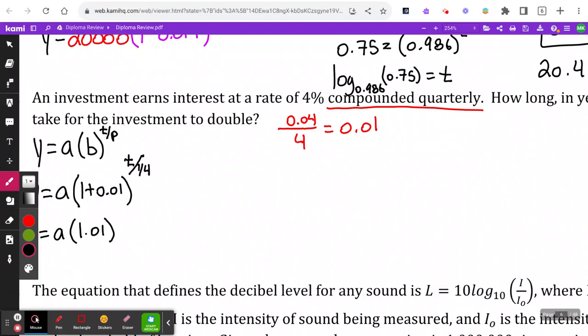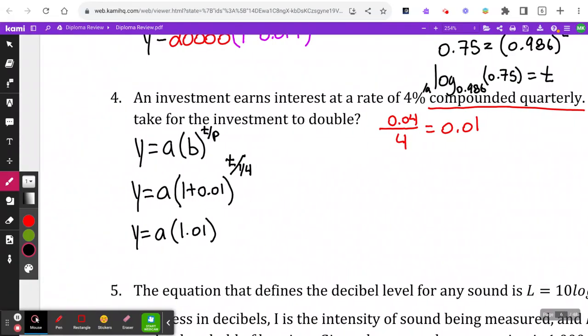You would leave it as 4%. Why do they be stupid like that? It would actually probably say, in all honesty, 4% and then per A, which means per year. Per year compounded quarterly. That would make more sense. And so that's actually how you would see that rate written. It would go per A to make it clear that it's your annual rate. I would not have divided it. That's fair.